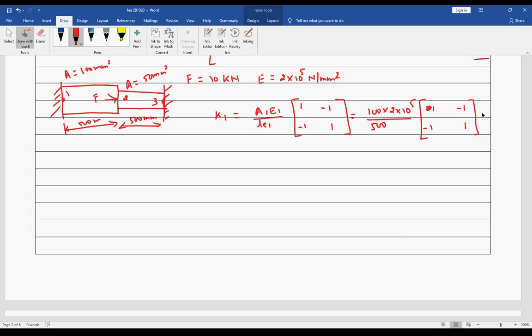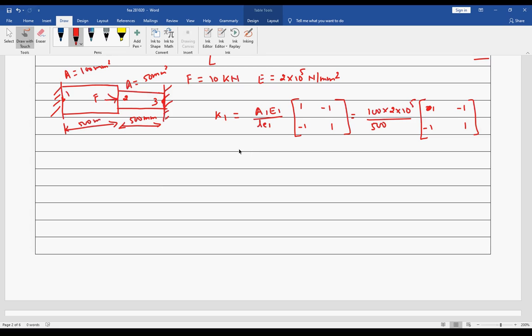Okay, so what I do, I keep 2 into 10 to the power 5 divided by 500 to be common. So 2 into 10 to the power 5 divided by 500, so I get 400. Okay, so two zeros are gone, so I get 1000 divided by 5 is 200, 200 into 2 is 400.